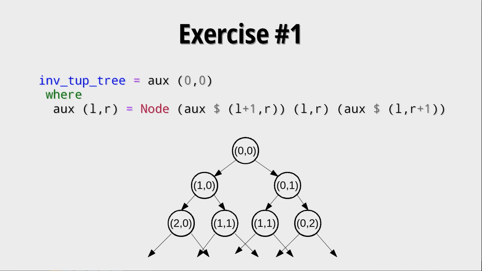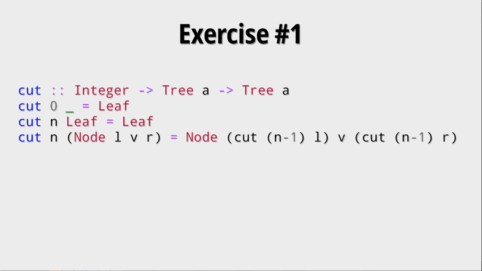Okay, so now let's look at how cut works. In this case, I have not checked whether n is smaller than 0, so maybe you can do this if you like. In my case, I just assume that the user will use the correct arguments.